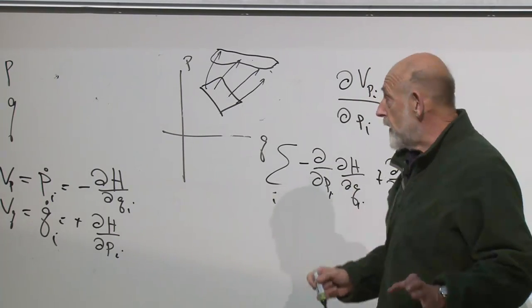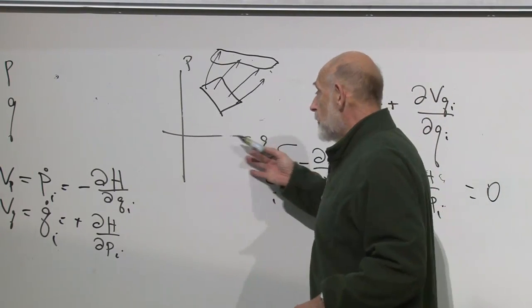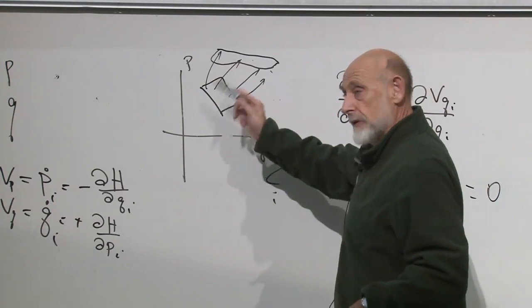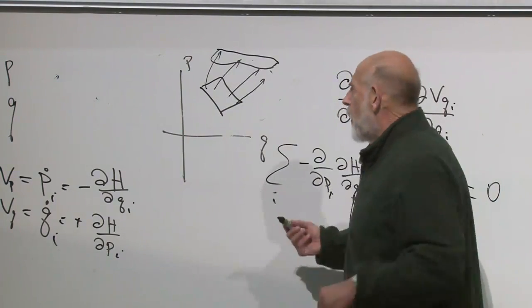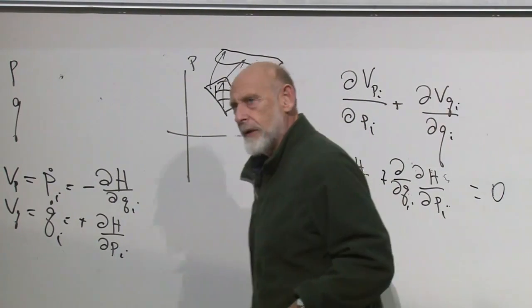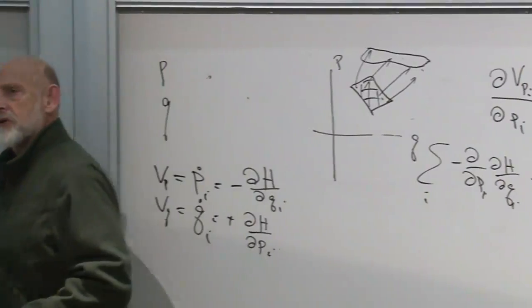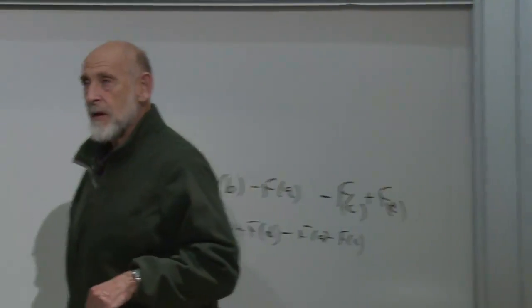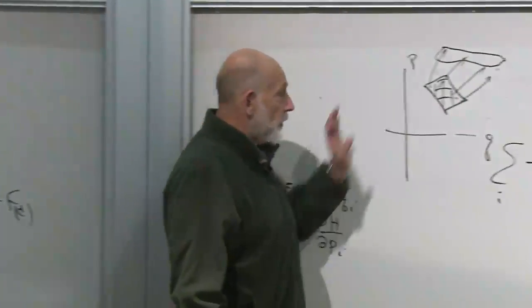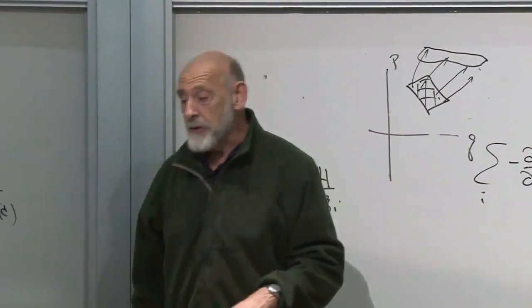The volume in phase space means the integral over P and Q, just the ordinary volume in the PQ space. Just the normal concept of volume, but not spatial volume, volume in QP space. Now, it's an interesting question.